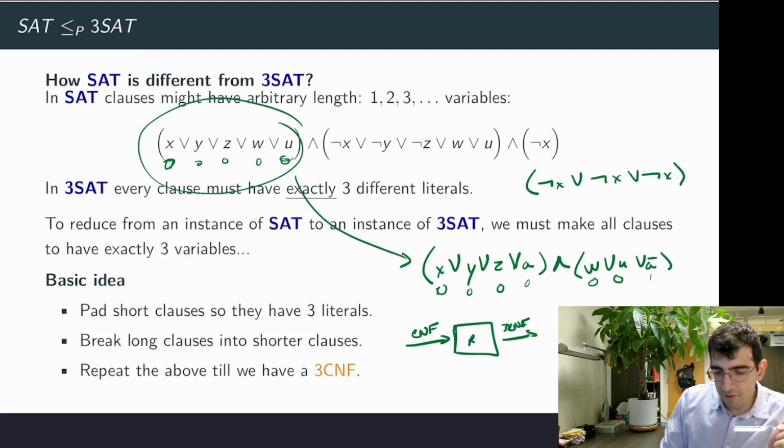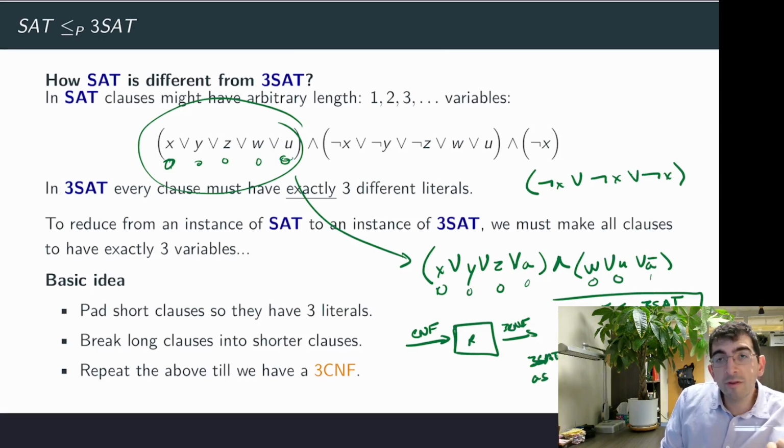Okay, and so because we could reduce any SAT formula into a 3SAT formula and then solve it using a 3SAT solver, it means that SAT is reducible to 3SAT. And therefore, this means 3SAT is at least as hard as SAT.